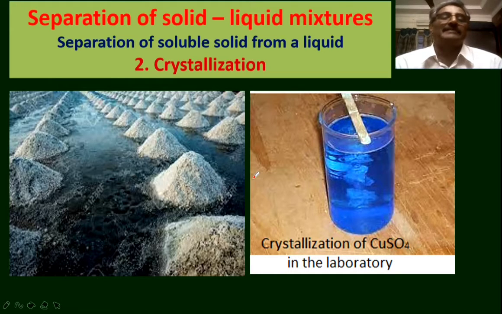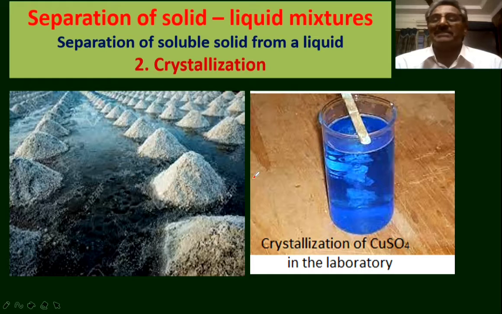Farmers prepare the salt from seawater by making the seawater get evaporated by the effect of solar energy. When the concentration reaches a certain value, the crystals get separated from the solution and the mother liquid is passed to the drains.